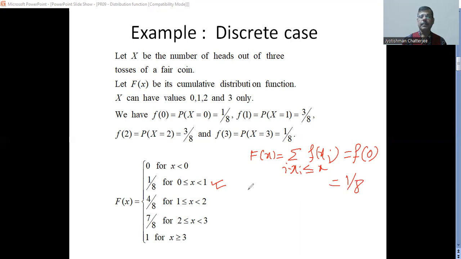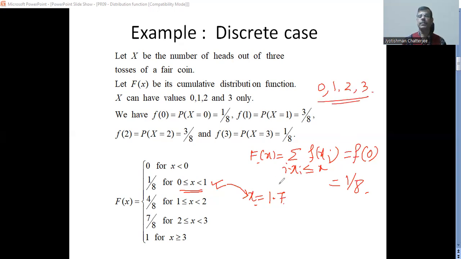I'm just illustrating the same thing. Suppose x equal to 1.7, just to take an example of this case. In general, for any x in this range, capital F of x will be equal to 1 by 8. We are just studying one example within that range. The xi values, the values possible for capital X, are 0, 1, 2, and 3.